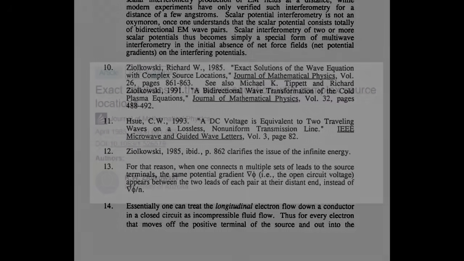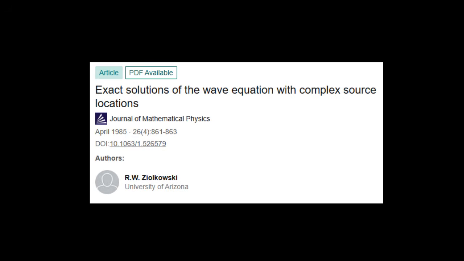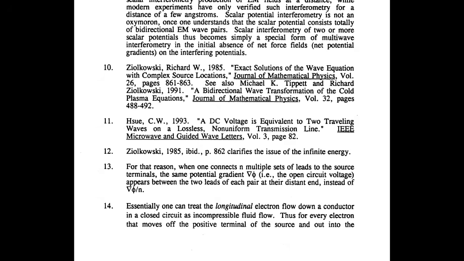Ziolkowski, 1985, ibid., page 862, clarifies the issue of the infinite energy. For that reason, when one connects n multiple sets of leads to the source terminals, the same potential gradient del phi, i.e. the open circuit voltage, appears between the two leads of each pair at their distant end instead of del phi divided by n.